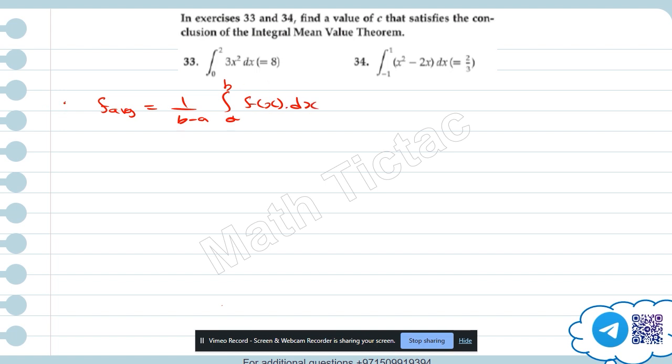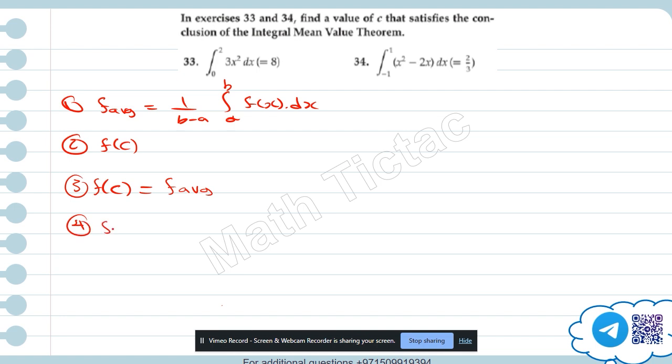So first of all, to solve this question, you have to find f average by using this rule. Then, the second step, find f of c. So you have to substitute c in the function. Instead of each x, I'll put c. Then, make f of c equal to f average.